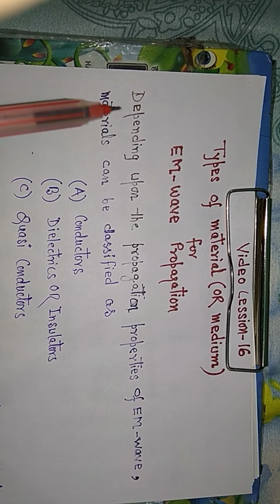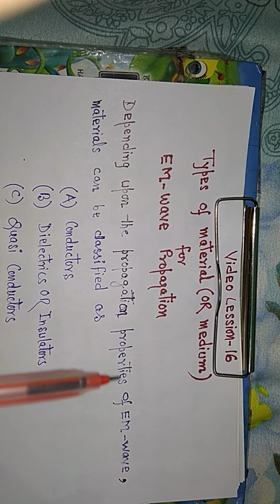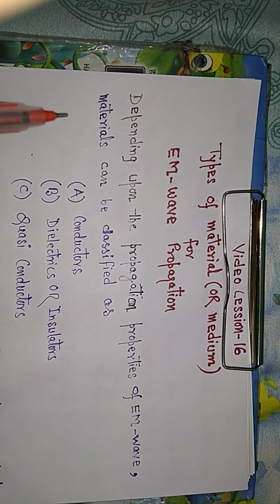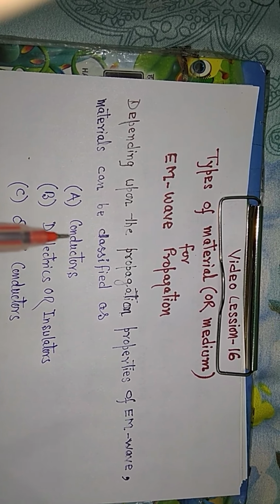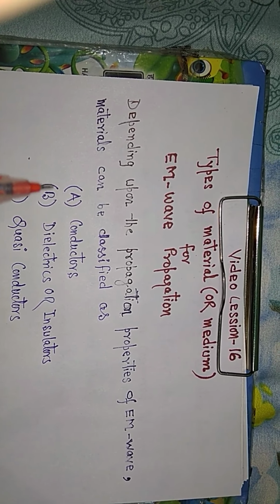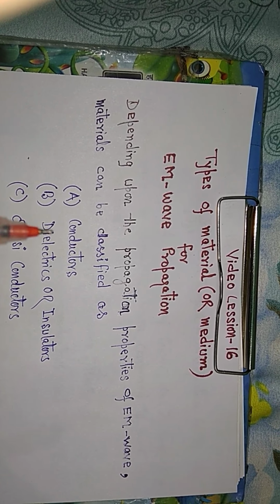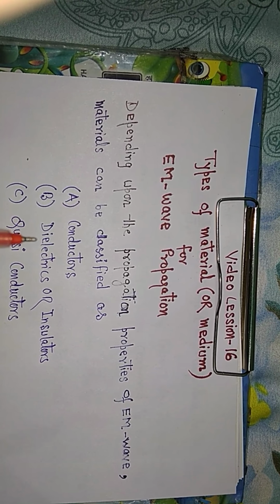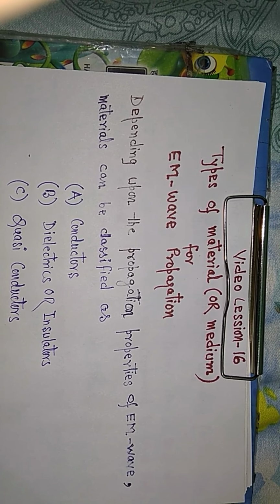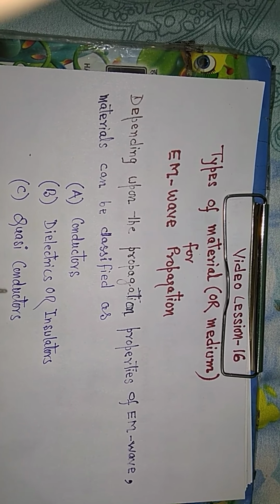Depending upon these properties, materials can be classified. There are mainly three types of medium: conductors, dielectrics or insulators, and quasi-conductors.